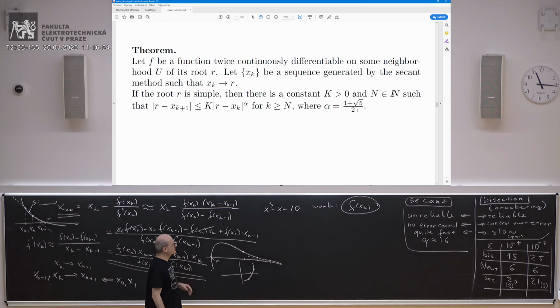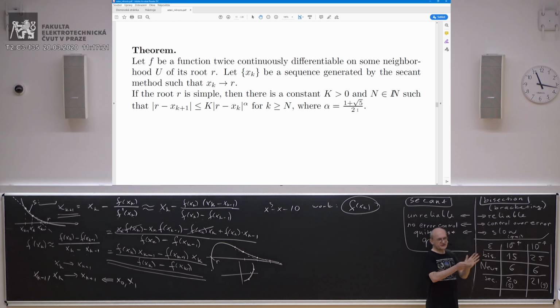So a practical point of view is slightly different. It asks, what is the improvement in precision for one evaluation of a function or a derivative of a function? It's about the same problem, if I have it. Now, let's have a look at the bisection. How many times do you have to substitute into a function for one step? And the answer is, well, actually, just one.